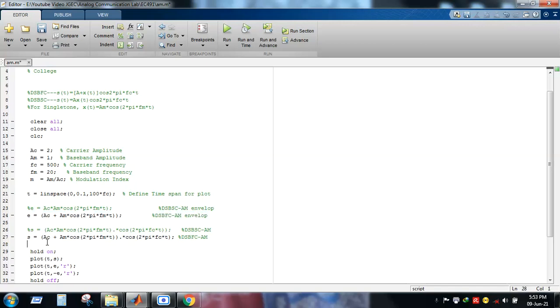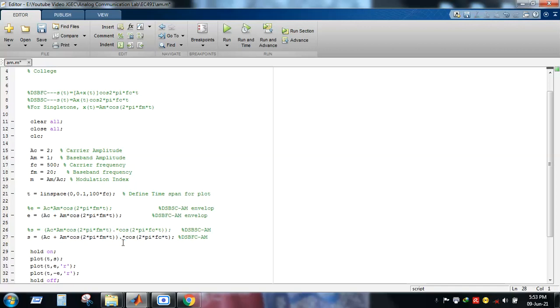Now let's write down this equation. Here you can write DSBFC equal to A plus xt, that means AM, into cos 2 pi fmt, multiplied by, here we should use this type of multiplication symbol.